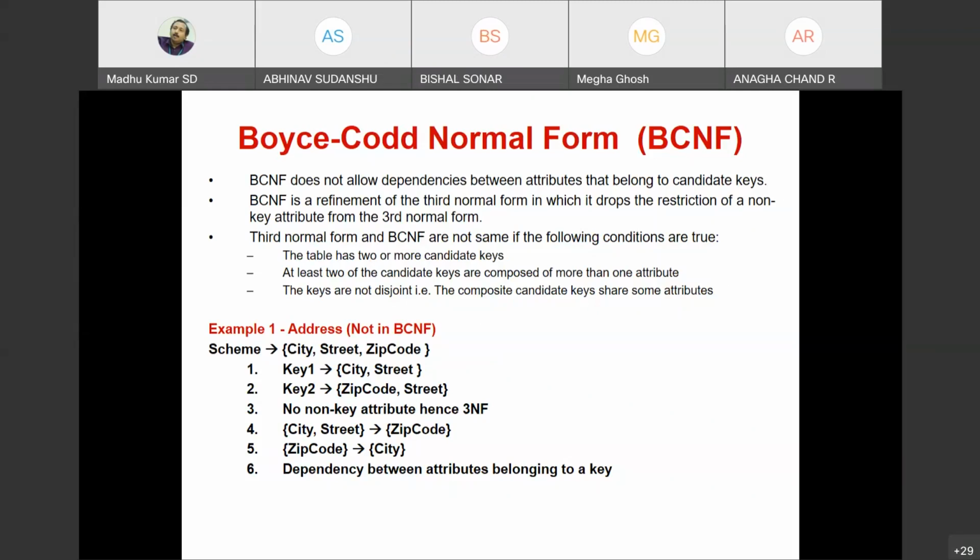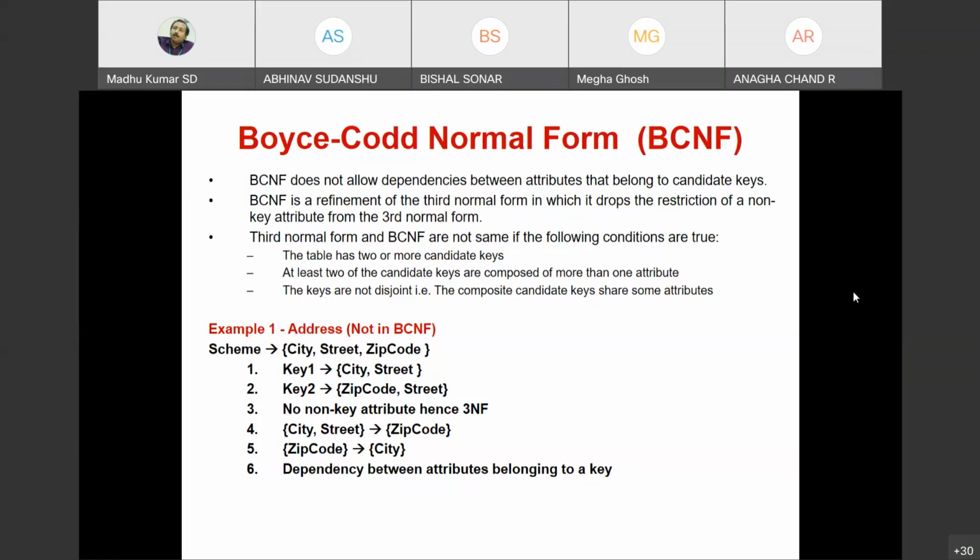Sir, I think city to zip. Sir, from city to zip code and zip code to city. Now, what is the redundancy present? Sir, transitive. No, I mean redundancy.